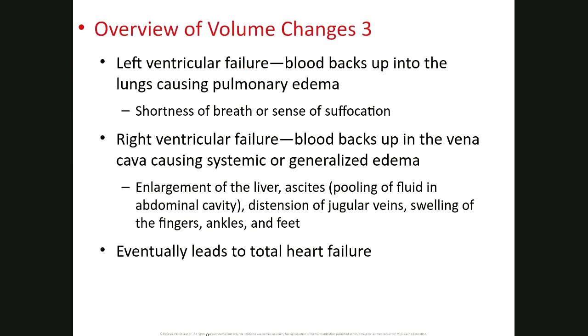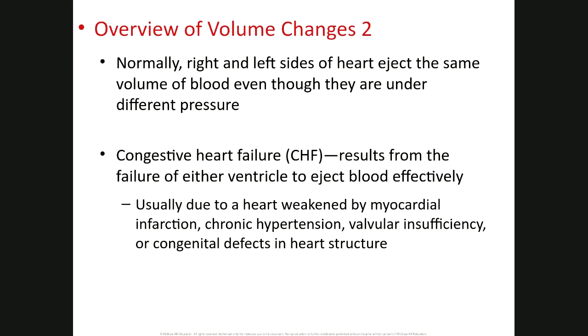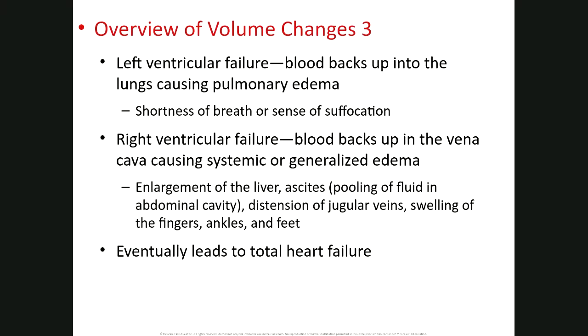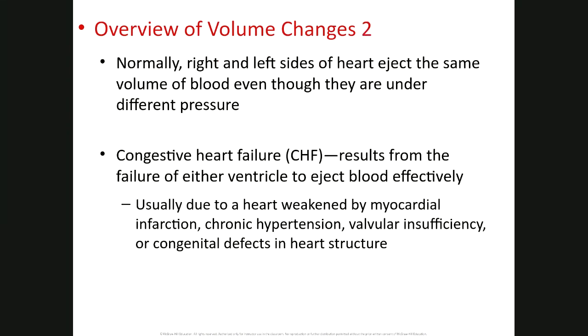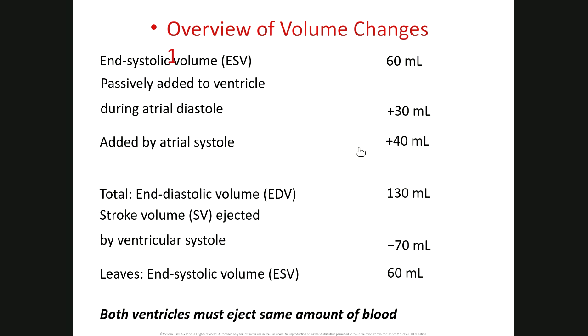So when it tries to contract, it's supposed to push out a certain amount of blood, right? It's supposed to push out probably the 70 ml. But because it's weak, it's only able to push out 65.